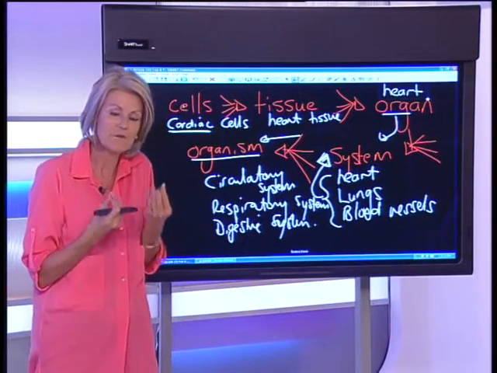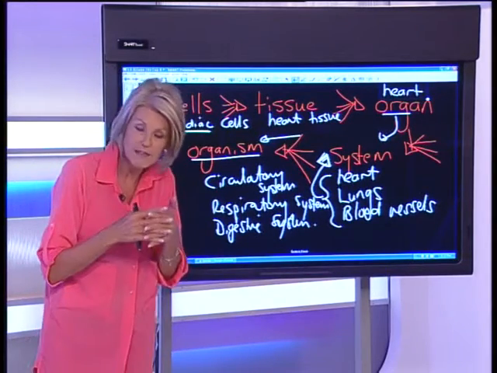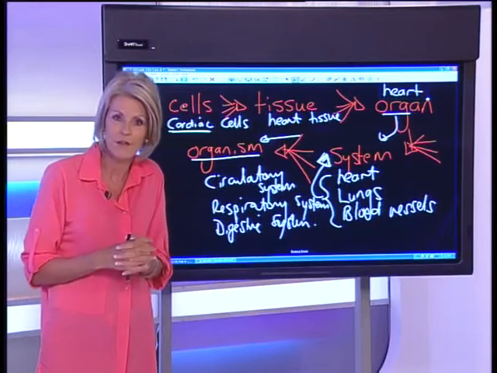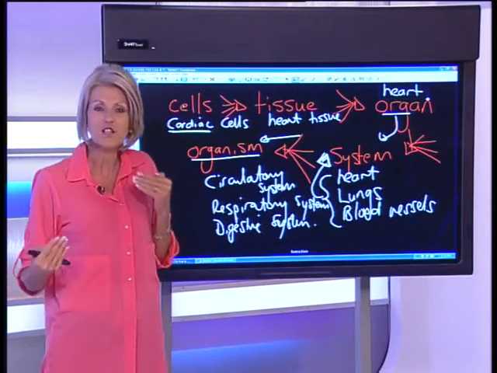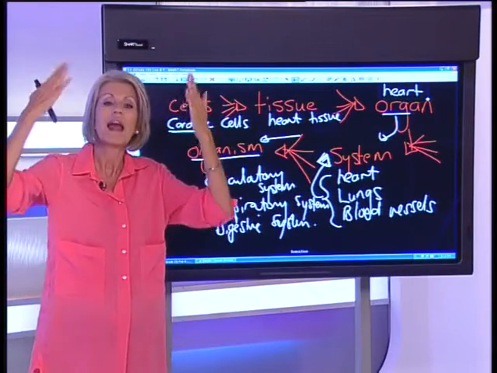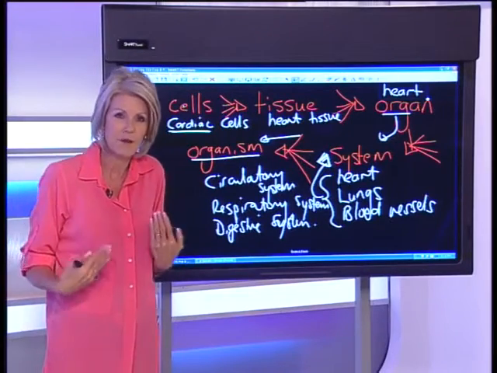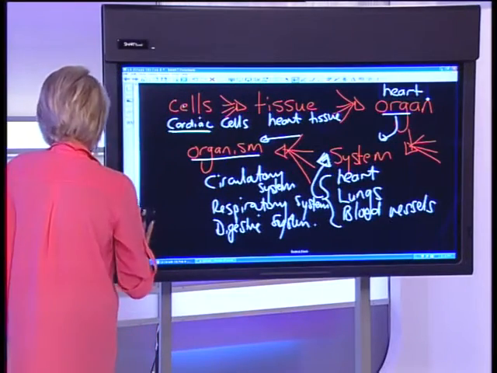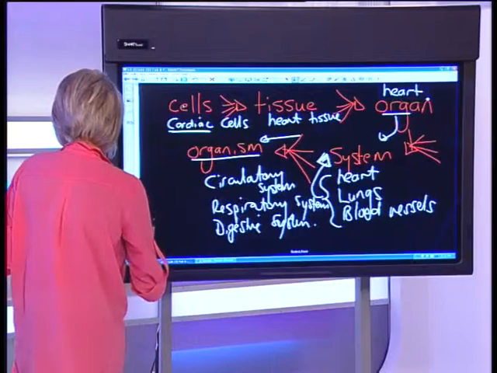In other words, everything is coordinated and works properly together. And that is the function of the brain and the nervous system, which you're clearly going to do at a later stage.